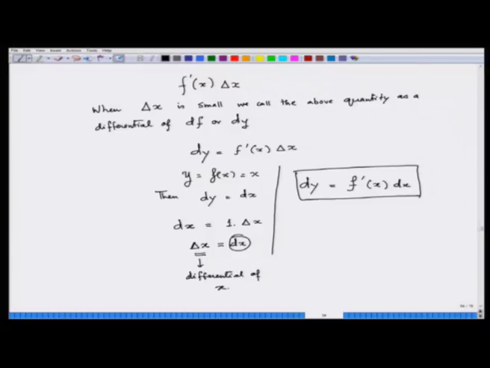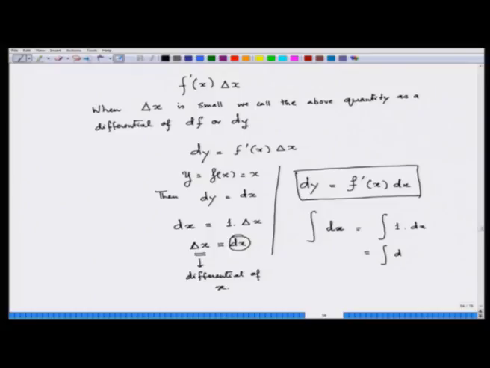But if you look at the formula, we can now talk about the integral of this differential. Essentially I am talking about this of 1 into dx. Basically it is talking about a change of y when f dash x is 1, so dx is equal to 1 into dx.